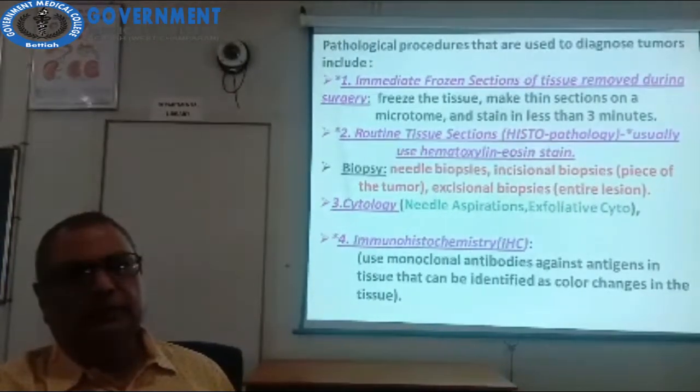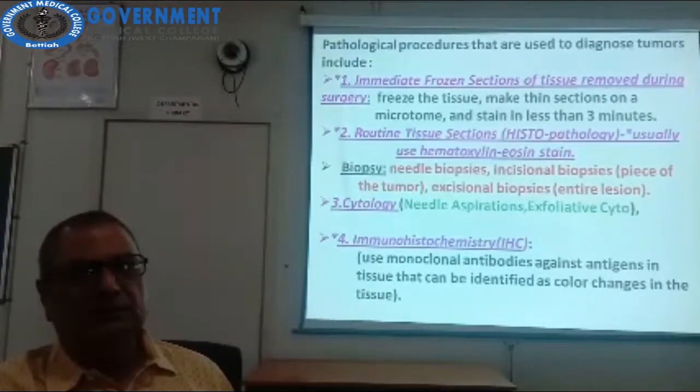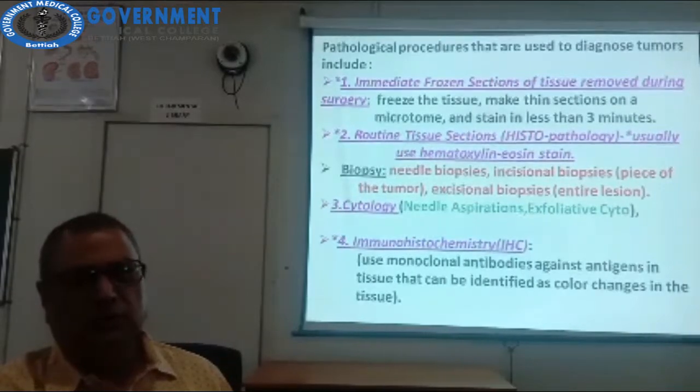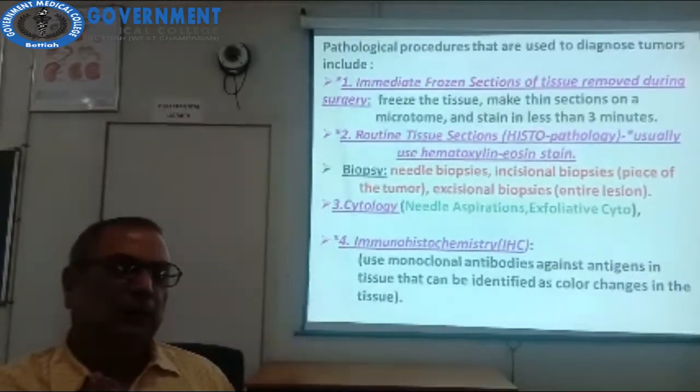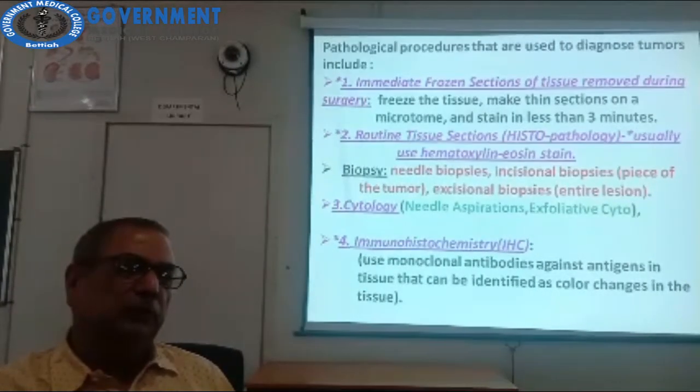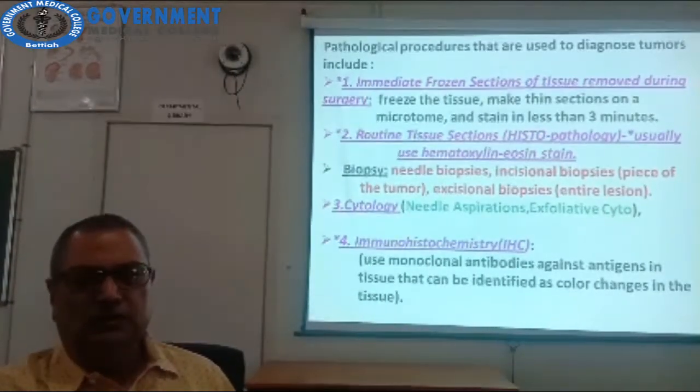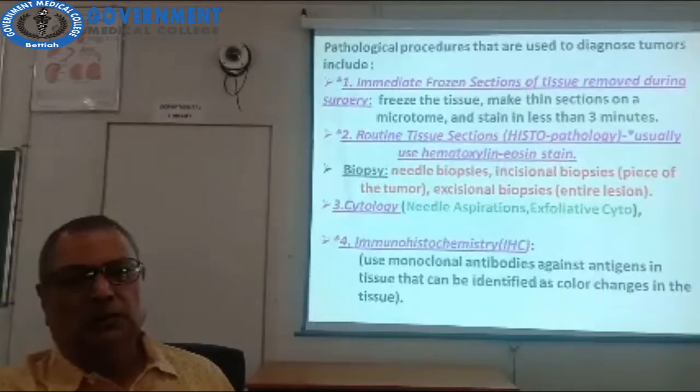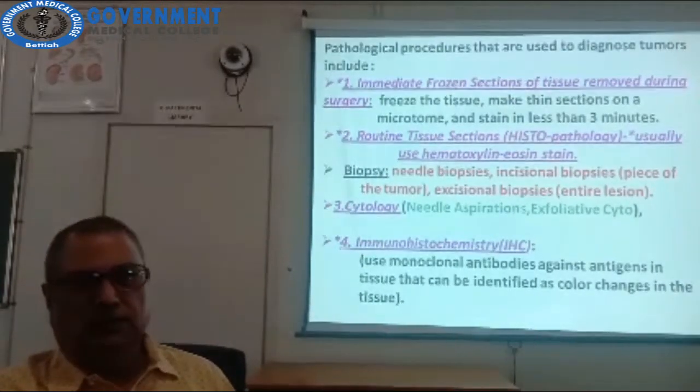The biopsy may be a needle biopsy, like needle aspiration biopsy, which has nowadays come into vogue extensively, where it is called diagnostic cytology.